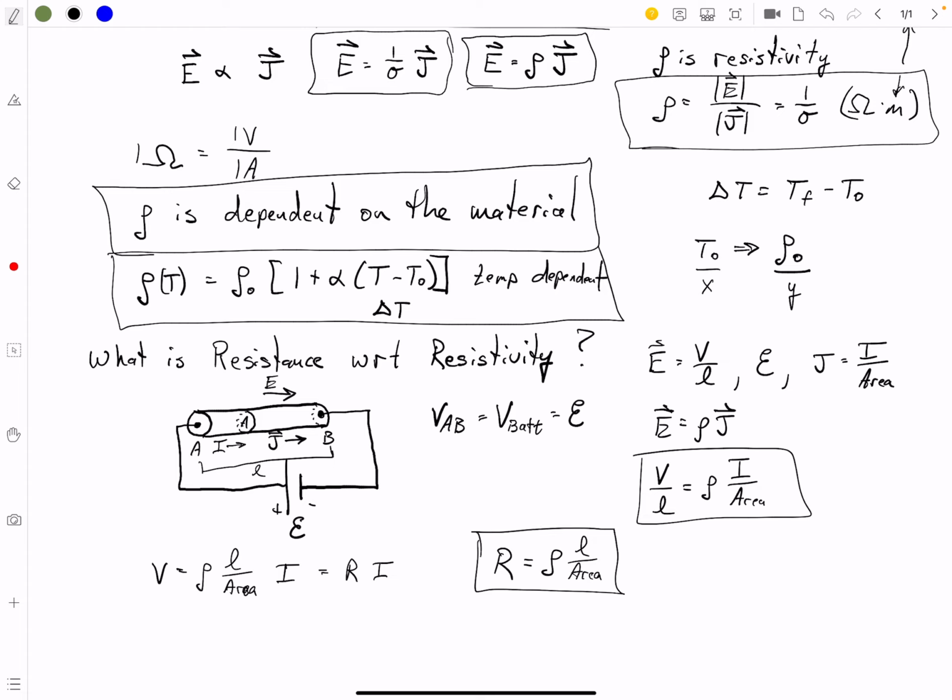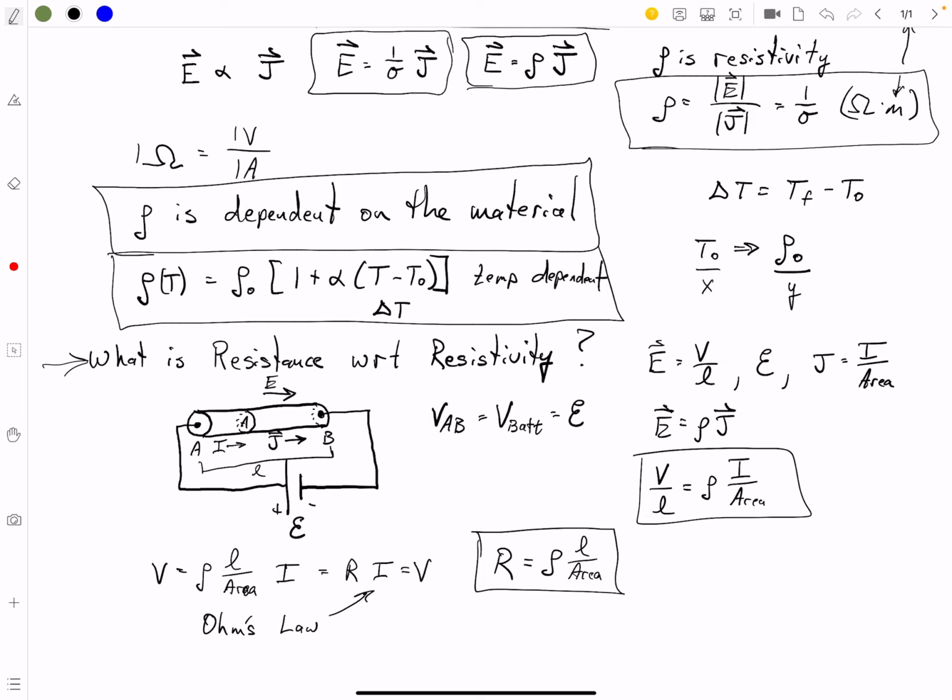Okay, so this is the relationship with respect to each other, in fact, because we could take the resistance multiplied by the area divided by the length, and we'd have our resistivity. So either way, we can go forward or backwards with that. And we've seen Ohm's law. I don't think it's the first time we've seen this this semester.